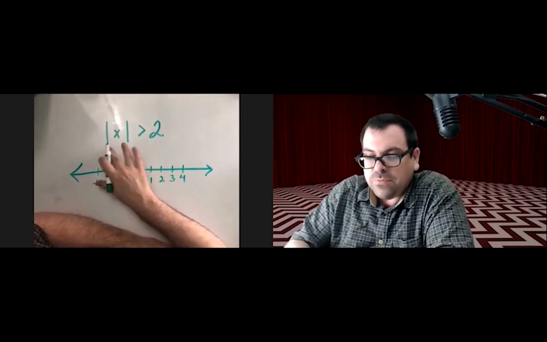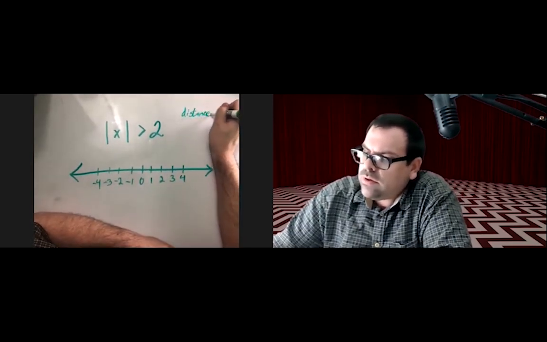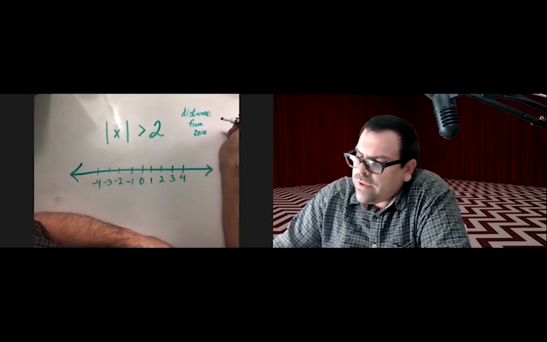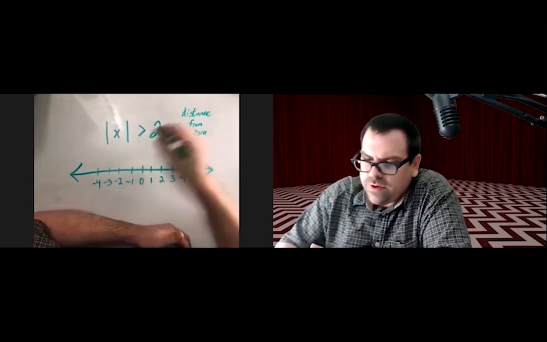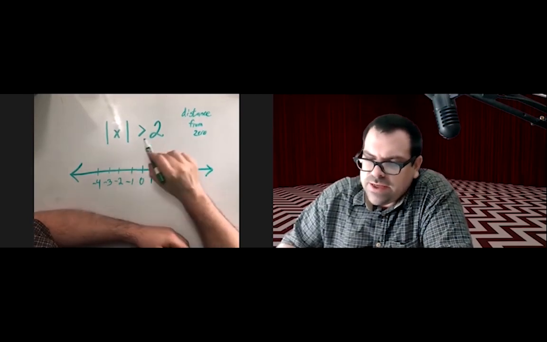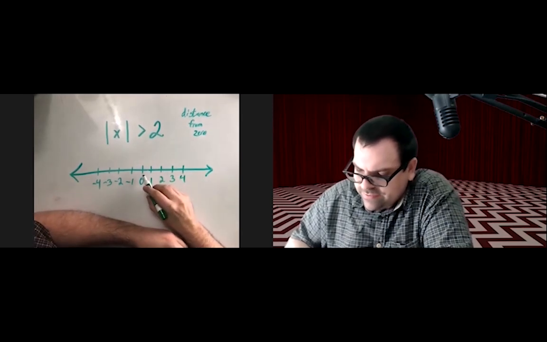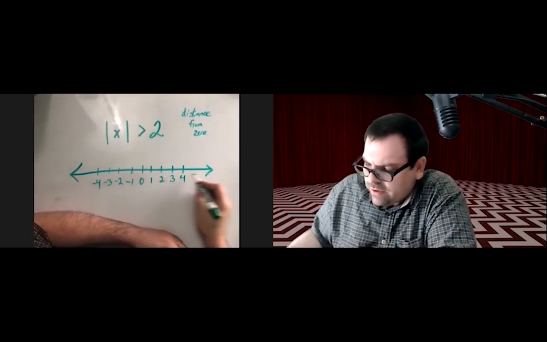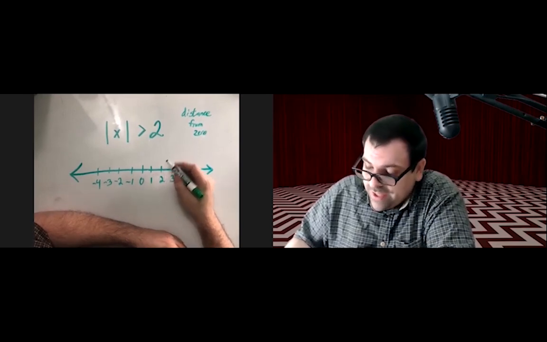Remember, absolute value means distance from 0. So we would be shading things where the distance from 0, the absolute value, is more than 2. So here, the distance from 0 is less than 1. It's less than 2. But here the distance starts being greater than, but 2 itself, the distance would be equal to 2, and that doesn't work.